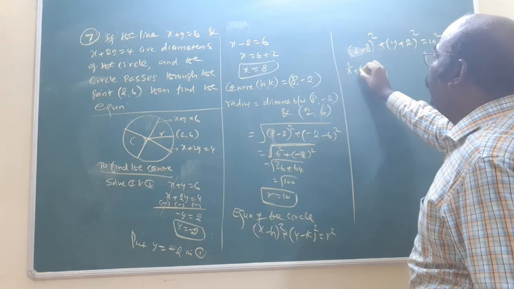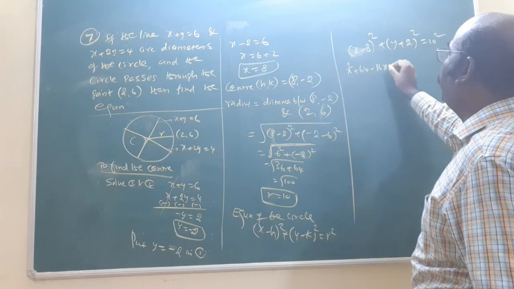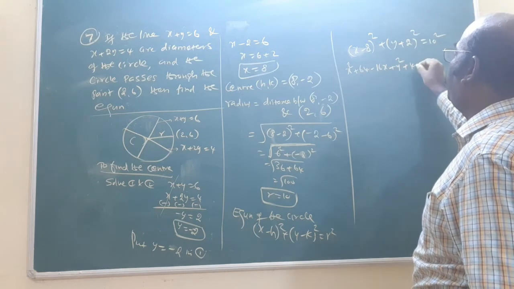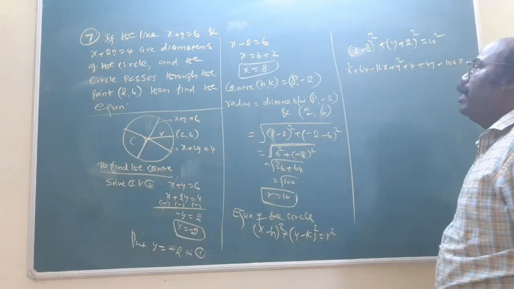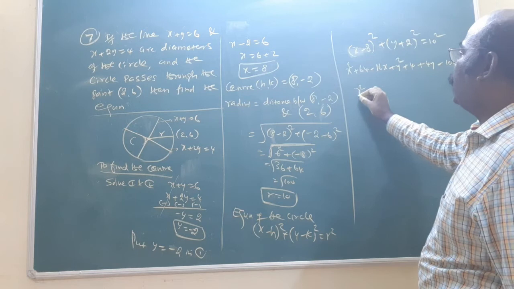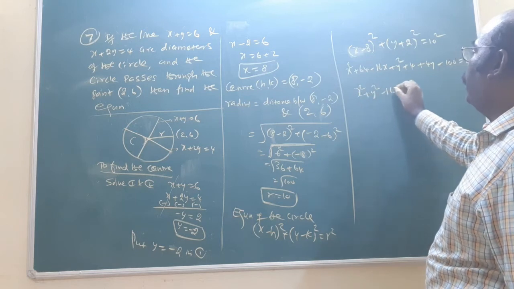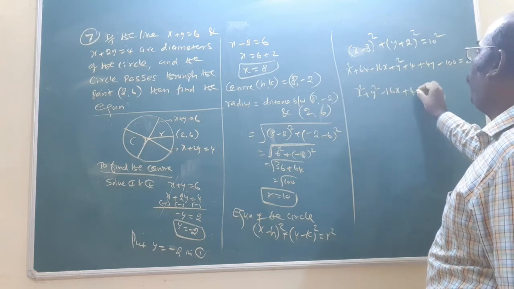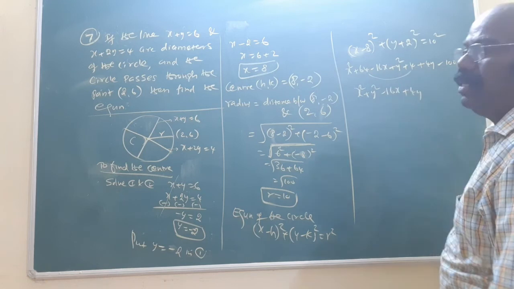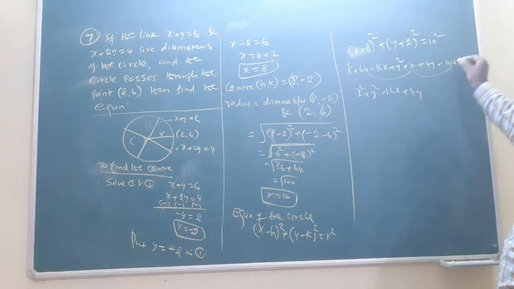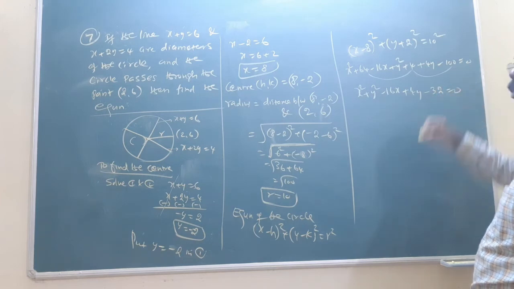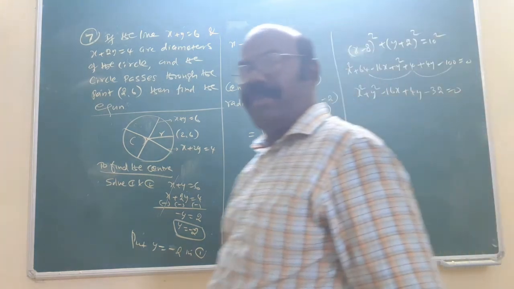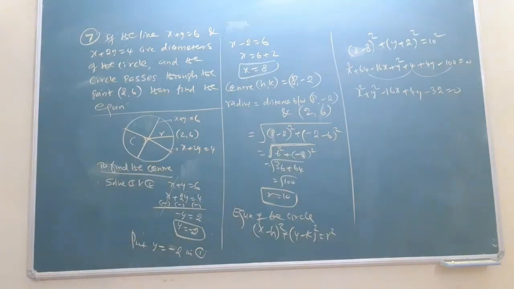A square plus B square minus 2AB, and A square plus B square plus 2AB, minus 100. Now write in order: x square plus y square minus 16x plus 4y, add this number 68, 68 minus 100 minus 32 equals 0. That is the answer.